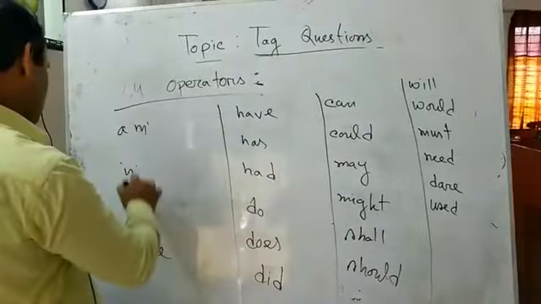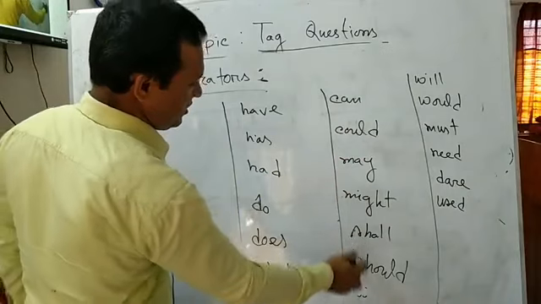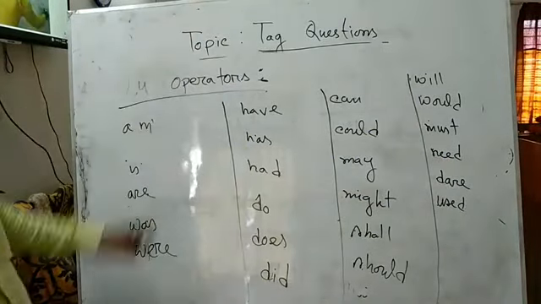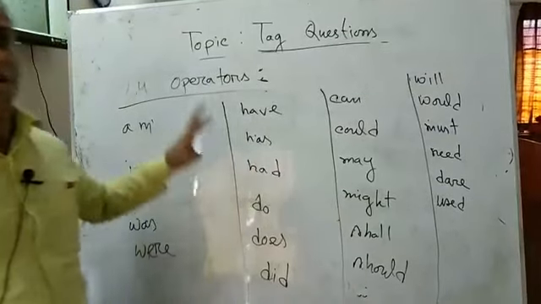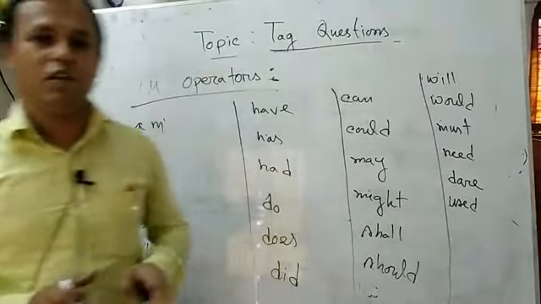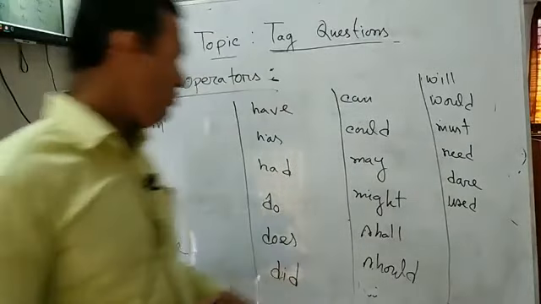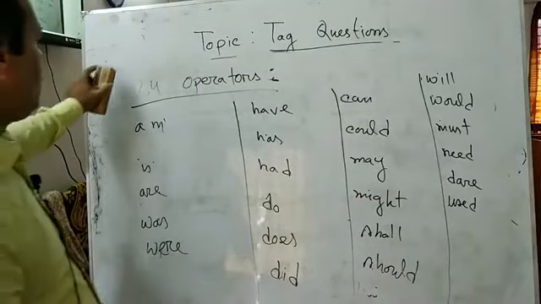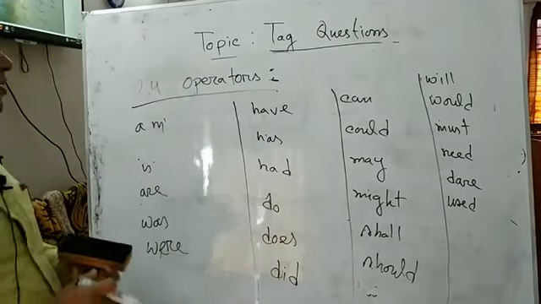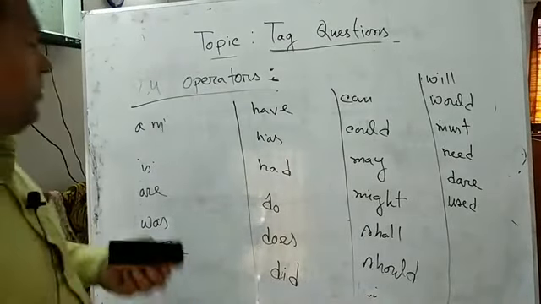Okay, one, two, three, up to twenty-four. These are the auxiliary verbs or operators needed for tag questions. Without these operators you cannot make tag questions. And you also have to know the contraction form of auxiliary verb plus not for making tag questions if the statement is affirmative.